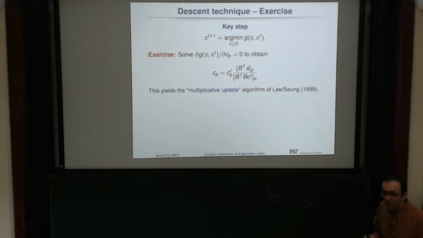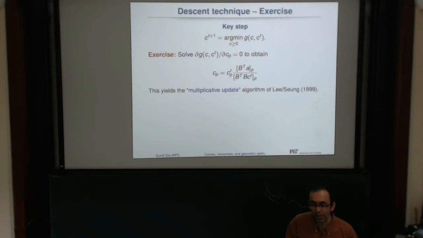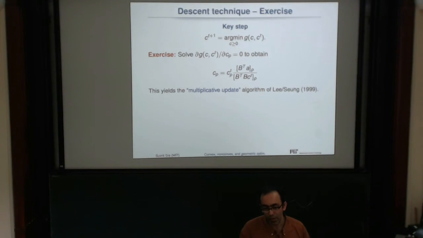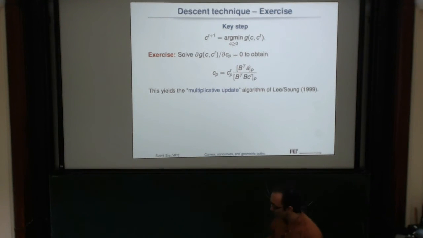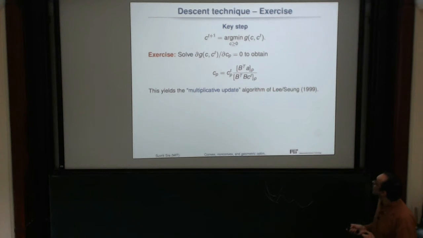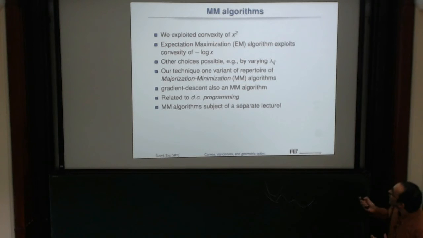And that yields the so-called famous multiplicative updates algorithm of Lee and Seung, the guys who proposed non-negative matrix factorization, using a very classical technique which has been around since at least the 50s under different names. When it was introduced, people didn't widely know it, but I think they had a clever idea to use this technique. And so this is a special example of a vast family of methods which are called bound optimization methods.